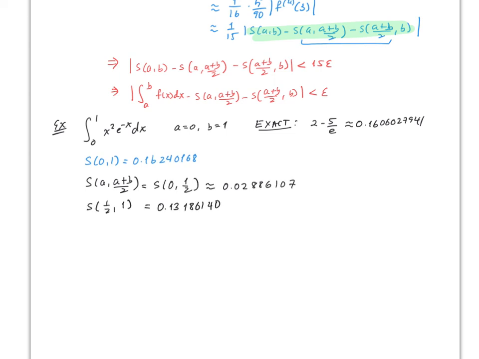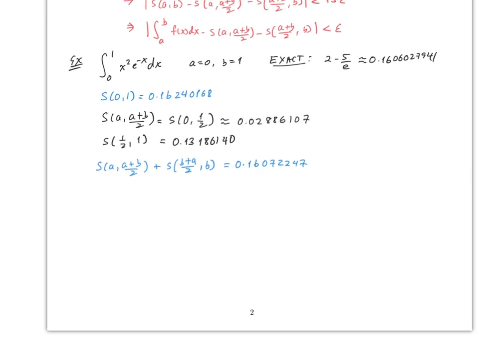Right, so therefore you combine the two, S of A plus B over 2 plus S of B plus A over 2 to B. You should definitely check this. This is 0.072247.